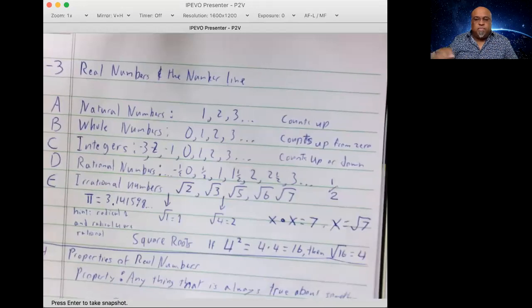Okay? Now, radical 7 is an irrational number. So unless your number is a perfect square number like 1, 4, 9, 16, 25, 36, 49, I'm just thinking of all the numbers times themselves.